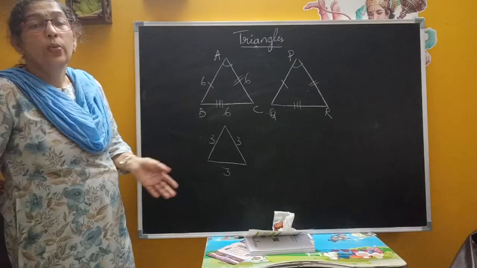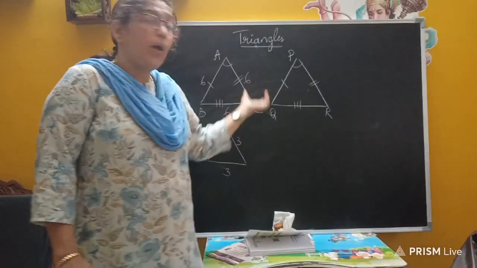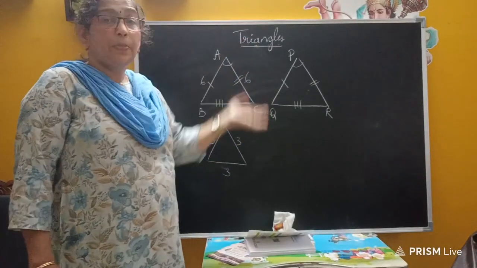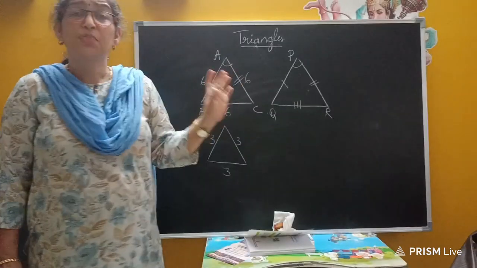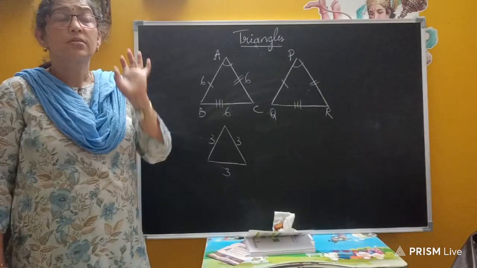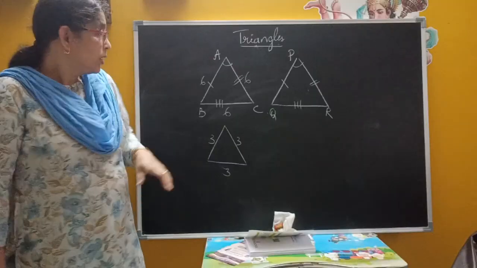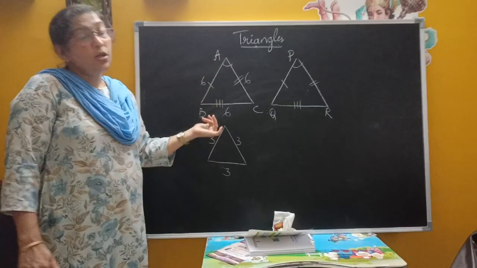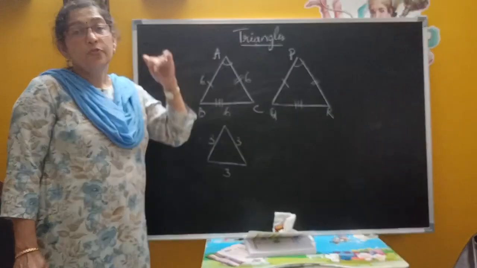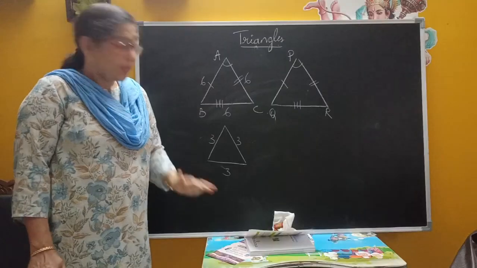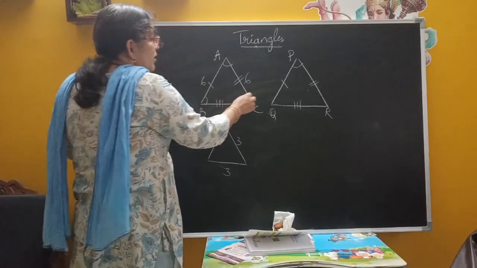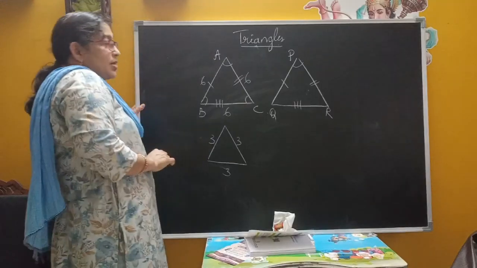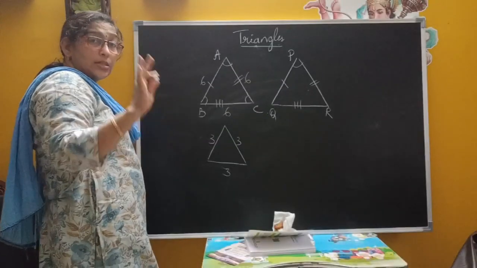Okay, now let us come to the point of this chapter, that is similar triangles. What are similar triangles? Standard examples already I have given, that example of equilateral triangle. As I explained in the beginning itself, here in equilateral triangle all angles are equal.